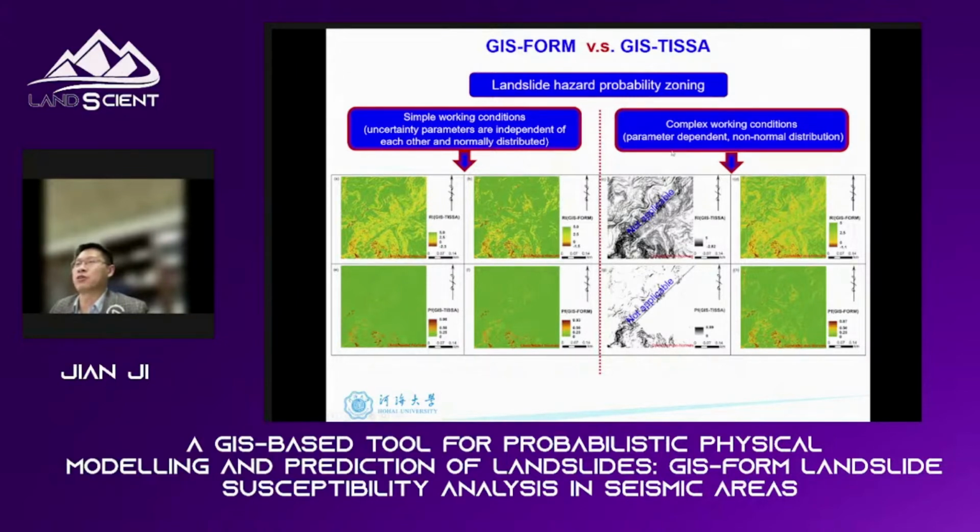But for some complex working conditions, like when your soil parameters are correlated, such as the soil shear strength parameters having some correlation, we can consider that correlation. We can also consider non-normal distributions, like the lognormal distribution, the beta distribution, or some other complicated statistical distributions.